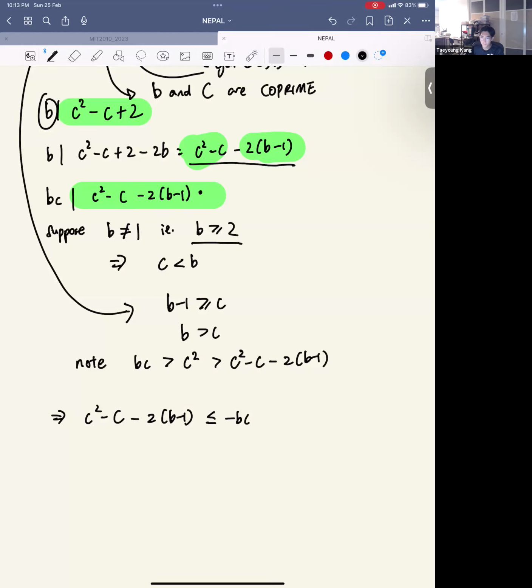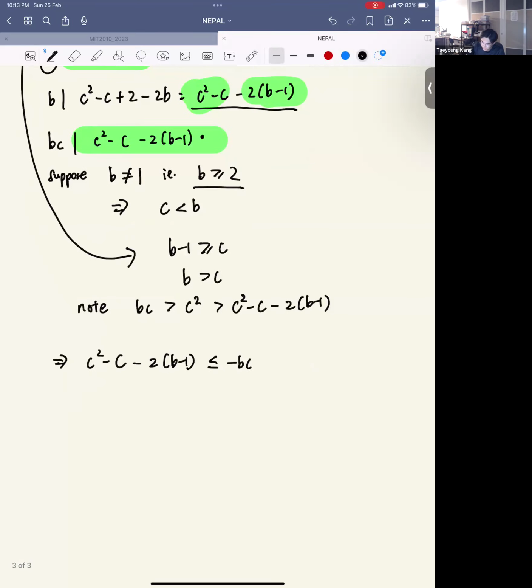The fact is, this can't even be true because we notice that C squared minus C plus 2, wait, note that this is equal to C squared minus C plus 2 minus 2B, right?